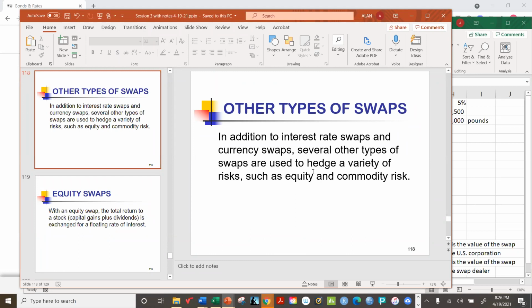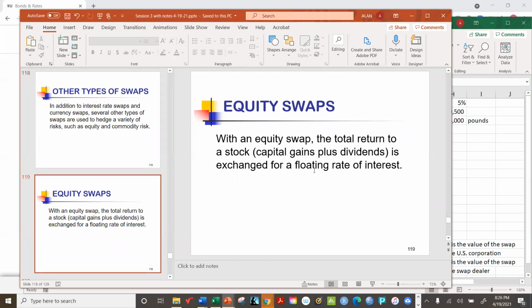So, for example, equity swaps: typically what you're trading is the return to a stock for a floating rate of interest. If you're pessimistic about the stock's returns, you can enter into a swap in which you agree to pay the returns to your stock in exchange for a floating rate of interest. Now you can imagine this is a very, very risky situation to be in.